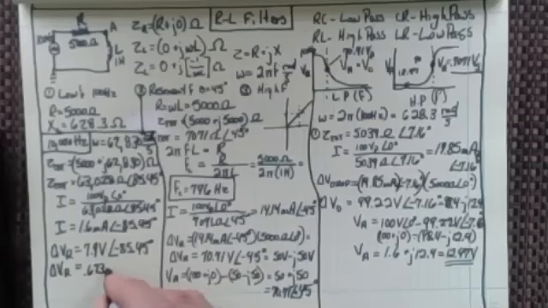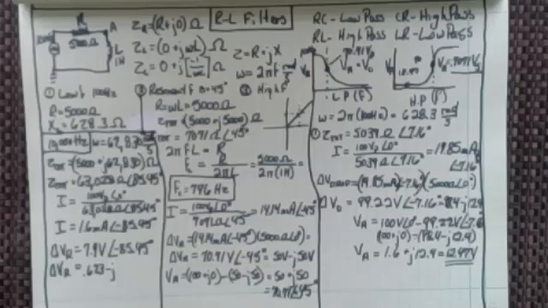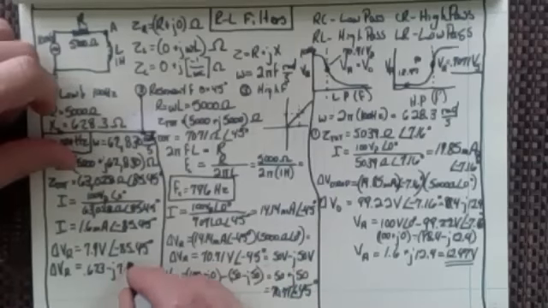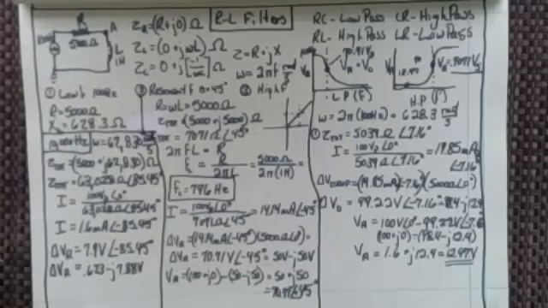0.623. So 0.623 minus J. Why do I have a minus there? Because it's minus 85.45, right? So 7.9 times the sine of minus 85.45 gives me minus 7.88 volts.